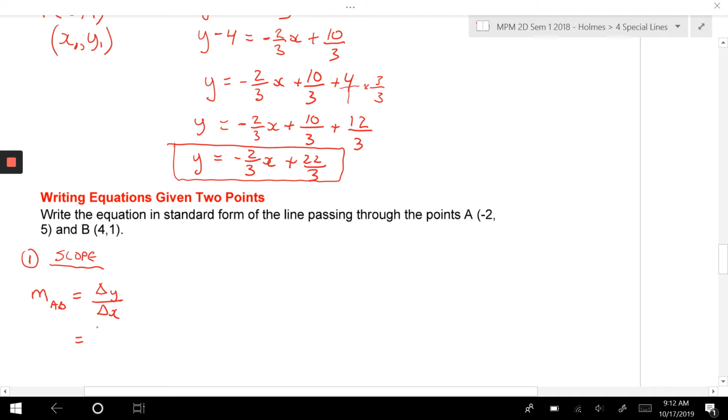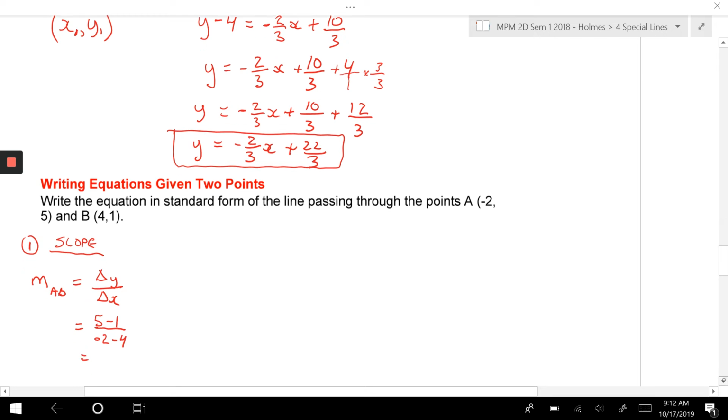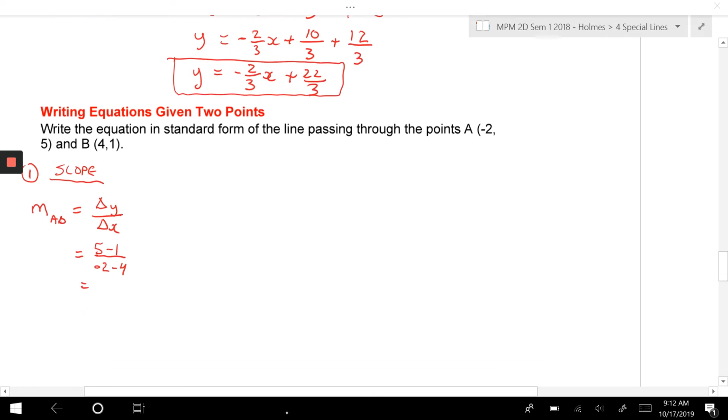So I'm going to say 5 subtract 1, and then minus 2 subtract 4. So 5 minus 1 is just 4. Minus 2 subtract 4 is negative 6. And I'm going to put this in lowest terms, giving me negative 2 over 3.